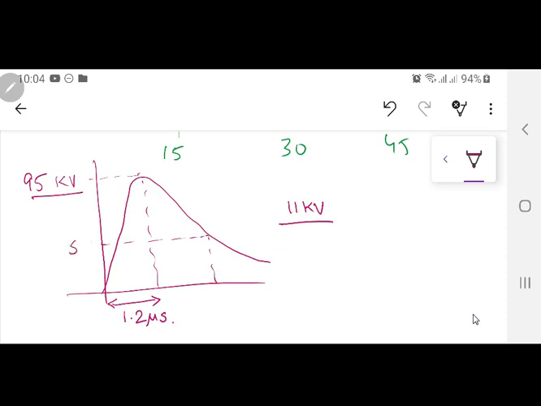From this point to this point, this is 50 microseconds. So an impulse of 1.2, we always characterize it as 1.2 microseconds / 50 microseconds.